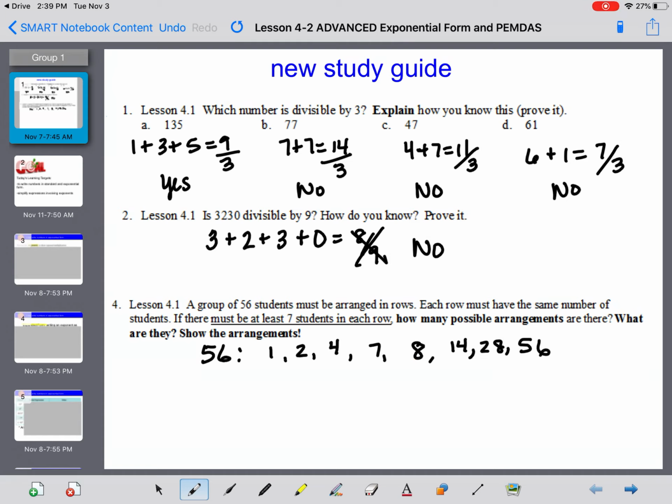There must be at least 7 people in a row, so that's important. My options are having one row of 56 students. That's using this one. I could have 2 rows of 28.